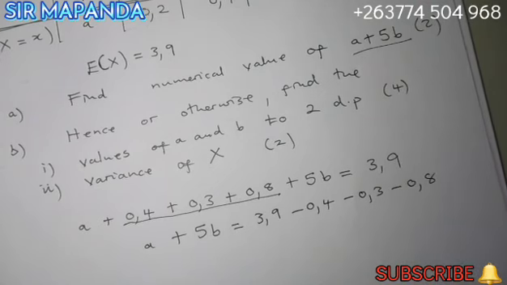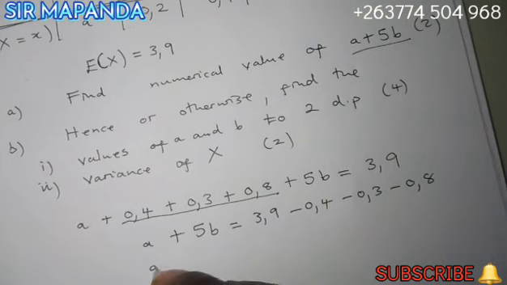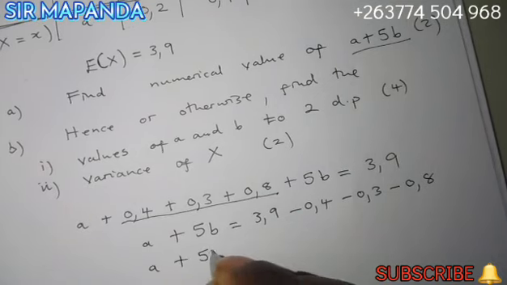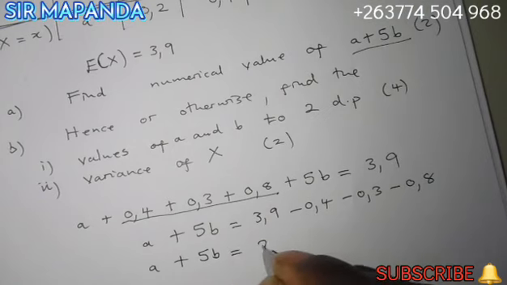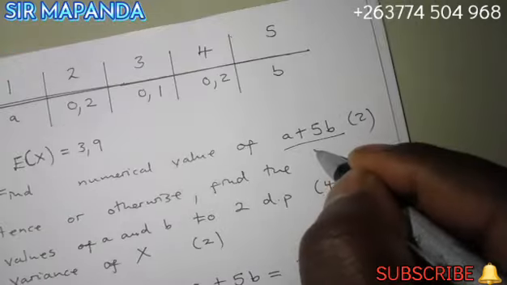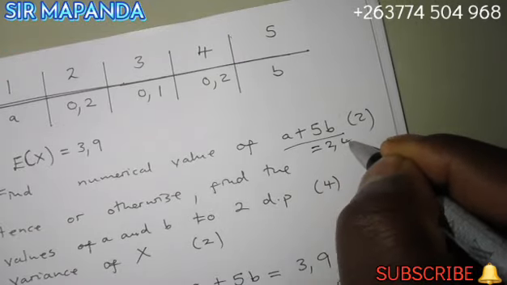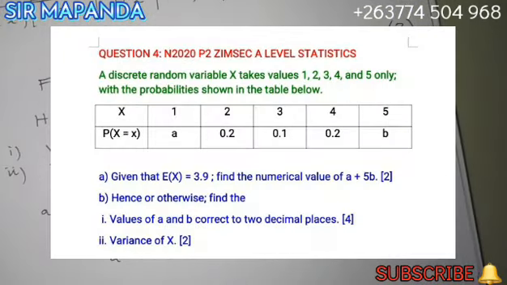So 3.9 minus 0.4 minus 0.3 minus 0.8, you get 2.4. So a plus 5b is equal to 2.4. So the numerical value required here in part A, your answer is 2.4. Right. We move on to part B.